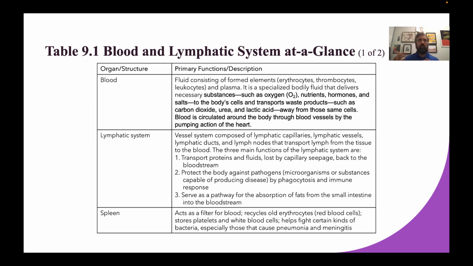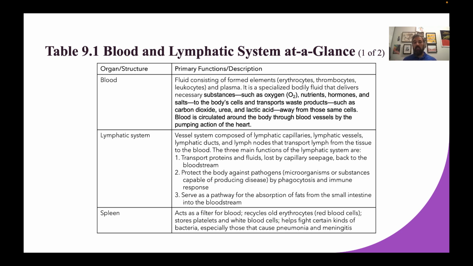It is considered connective tissue, which is kind of an awkward thing because you don't think of it as an actual tissue, but it's a fluid tissue. But either way, it moves things from one place to another: oxygen, nutrients, hormones, salts. And then also allows for defense of your body through leukocytes, or white blood cells, and it moves through different types of blood vessels by the pumping of the heart.